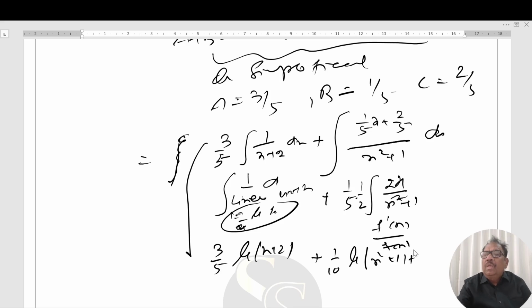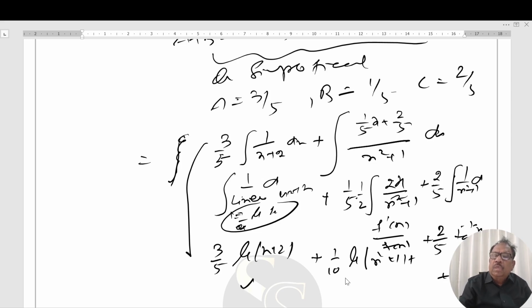Next, plus 2 by 5 integration of 1 over x square plus 1 dx. This is the simple formula: 2 by 5, 1 over a is 1, tan inverse of x upon a, that is x, plus c. So this is the complete answer. One part is this answer, one is this answer, one is this answer.